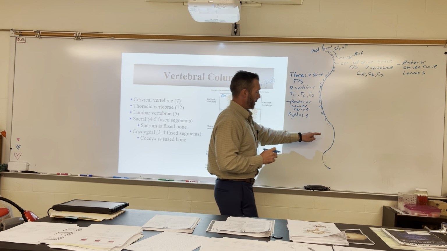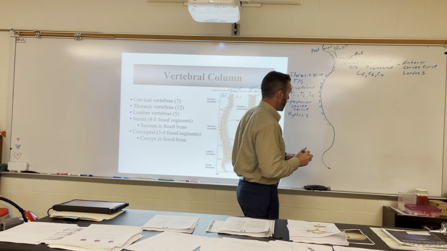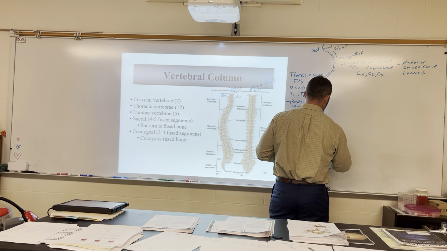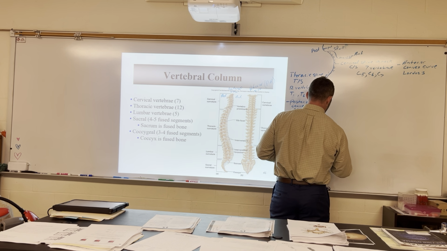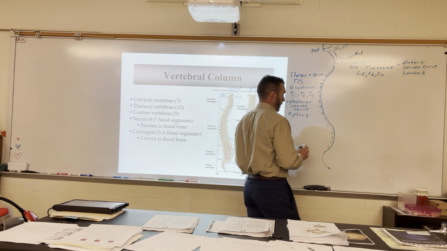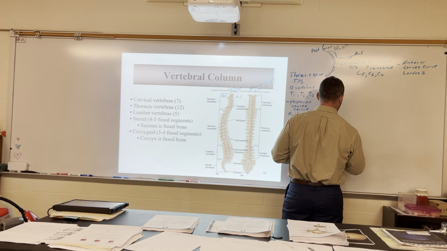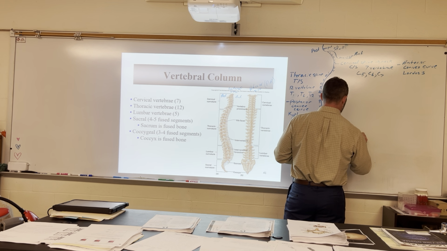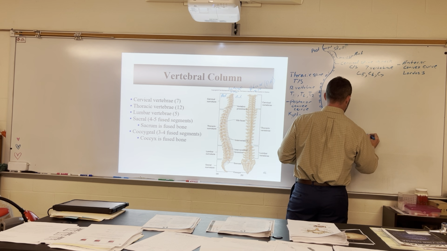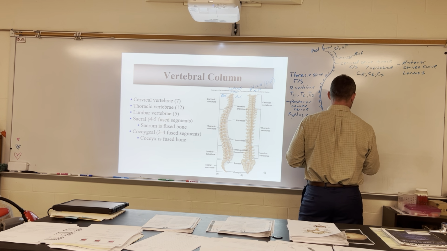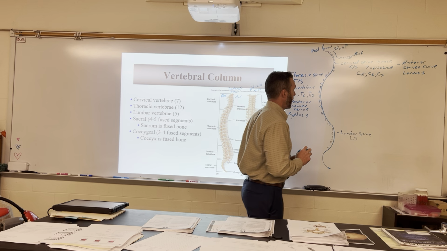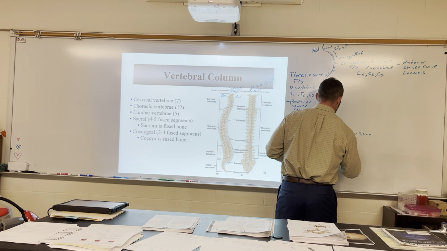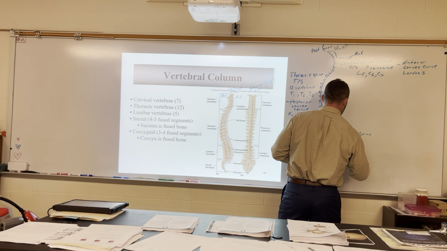Then we'll make our way into the lumbar spine. The lumbar spine has 5 vertebrae. Okay. We can abbreviate this as LS, like that. Put that we have 5 vertebrae.